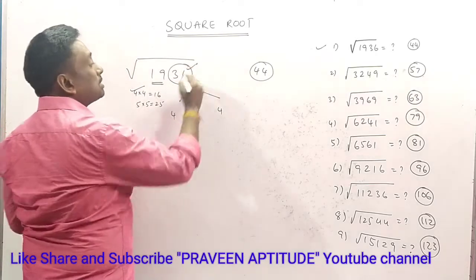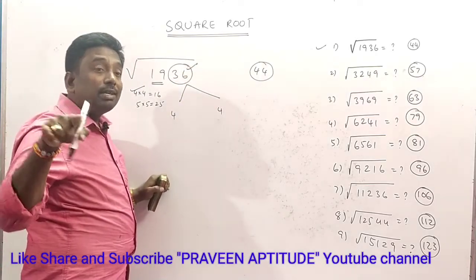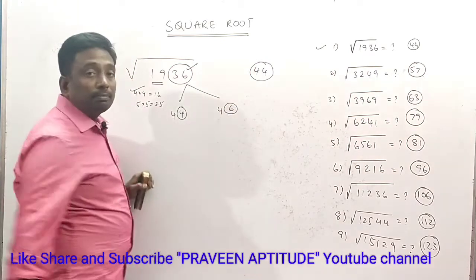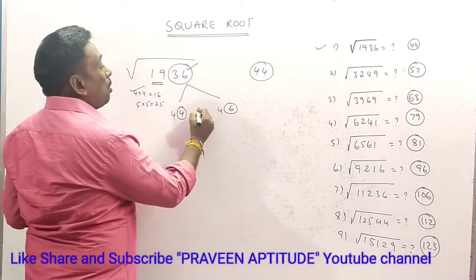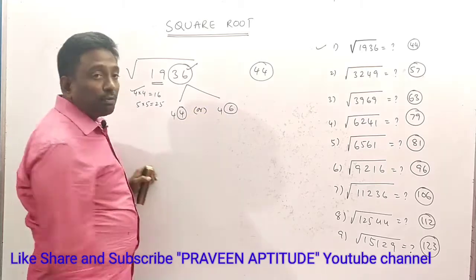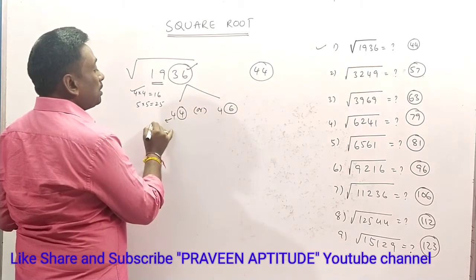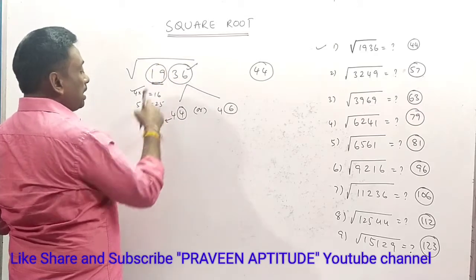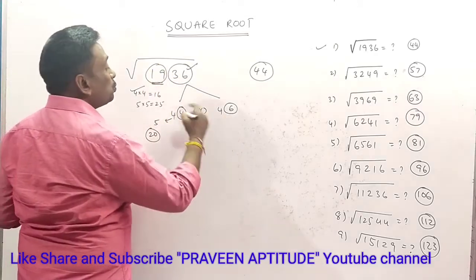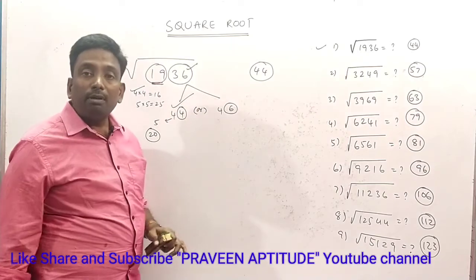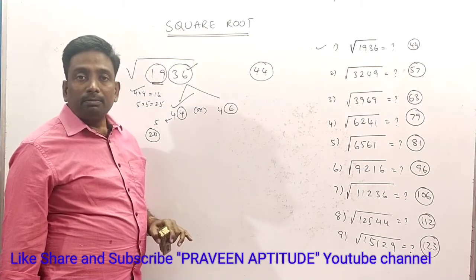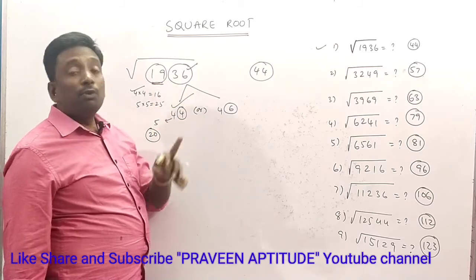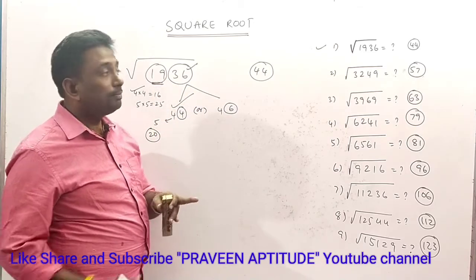Now check for 6, which we get as the last digit in case of either 4 or 6. Now how do we decide either 44 or 46? Multiply with the next digit: 20. 19 is less than 20. In these two, which is less? 44. That's why you take 44 as the square root of 1936.